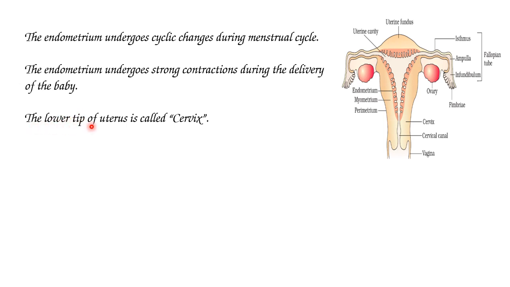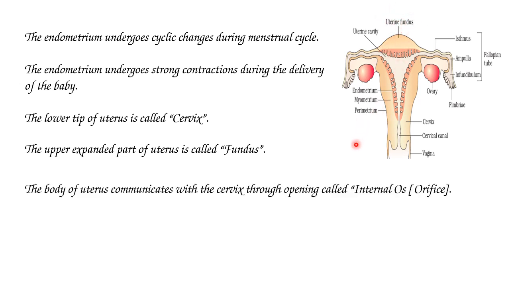The lower tip of the uterus is called the cervix. Observe the diagram: the lower tip region of the uterus is called the cervix, and the upper expanded part of the uterus is called the fundus.